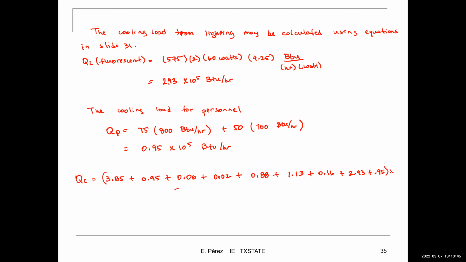All these times 10 to the power of 5, and this is equal to 11.23 times 10 to the 5th BTUs an hour.